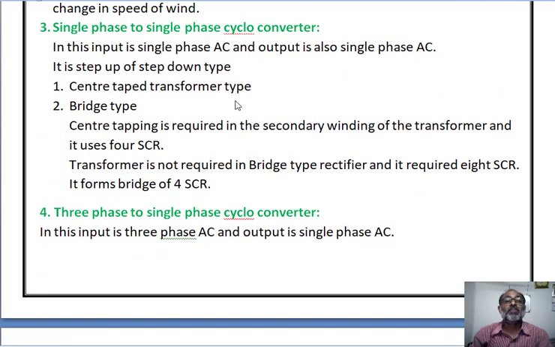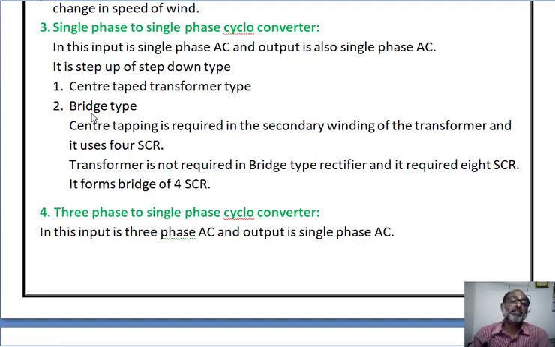Third, single phase to single phase cycloconverter. In this type of cycloconverter, the input is single phase AC and the output is also single phase AC. It is step up type or step down type. First, center tap transformer type, or second, bridge type. Center tapping is required in the secondary winding of the transformer, and it requires 4 SCR.